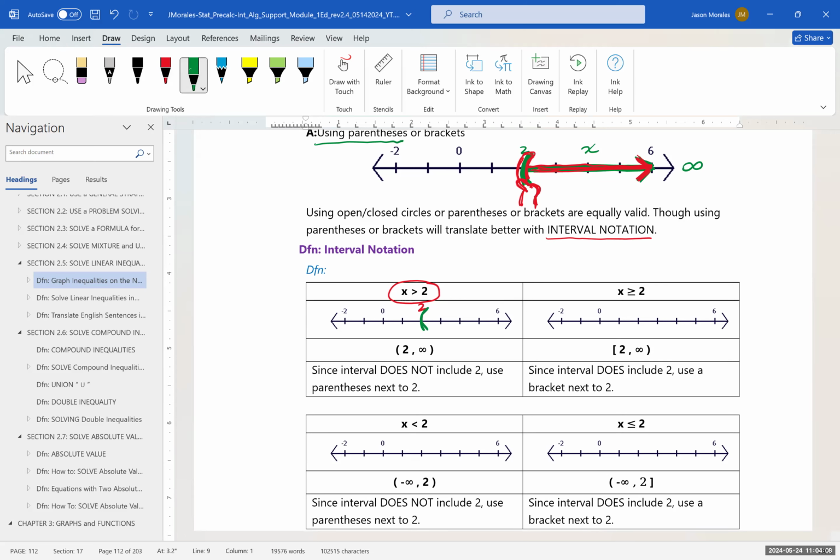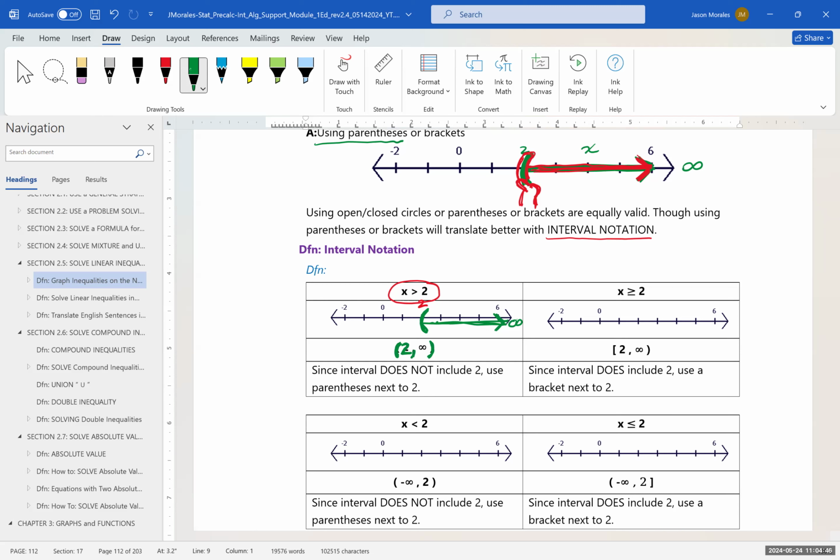I used a left parenthesis, and then I drew an arrow to the right into infinity. This is how we're going to write this in interval notation. Notice we have a left parenthesis placed at 2, and this goes from 2 to positive infinity with a right parenthesis to close that off.